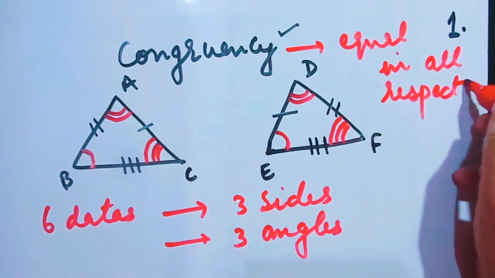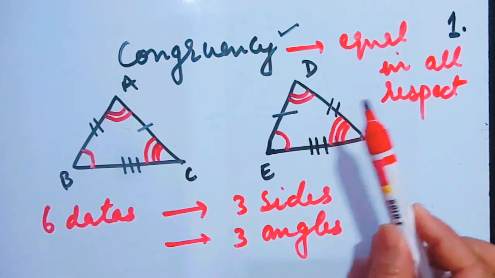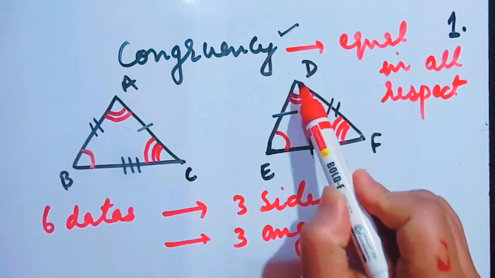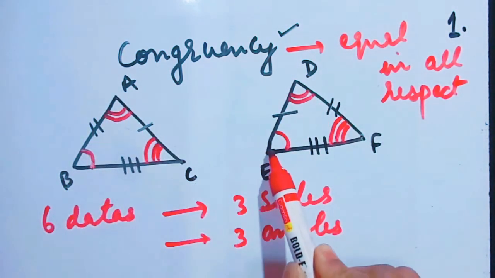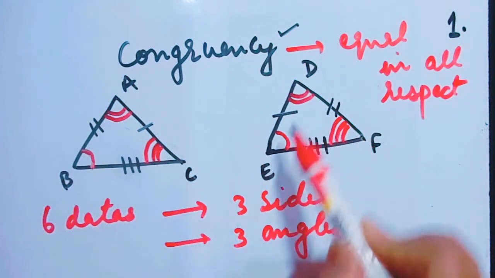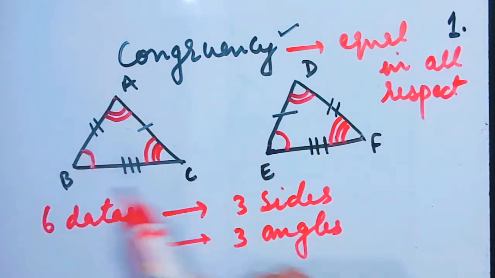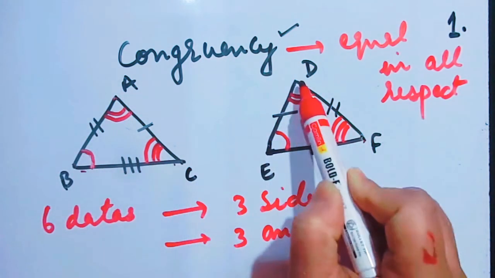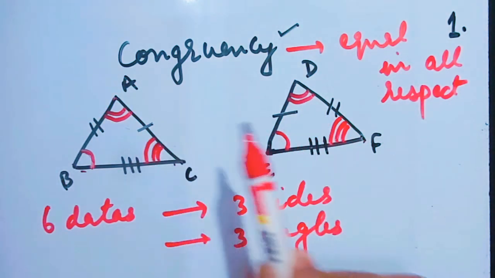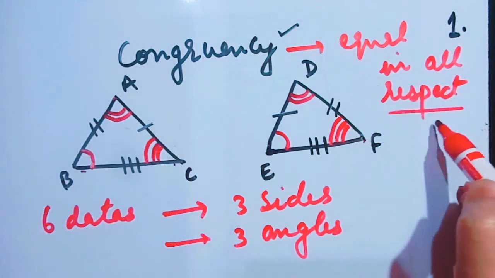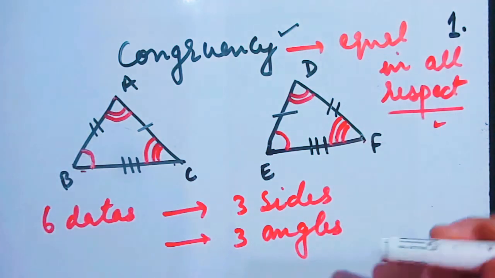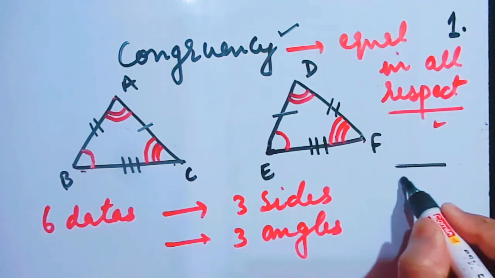Equal in all respects means if we overlap this particular triangle on this, naturally point D will fall on point A, E will fall on B, and F will fall on point C, and DE will fall along AB, EF along BC, and DF along AC. So we say that these two triangles are exactly equal in all respects, or we say they are congruent, and the sign of congruent is this.